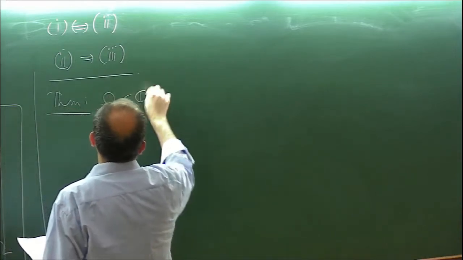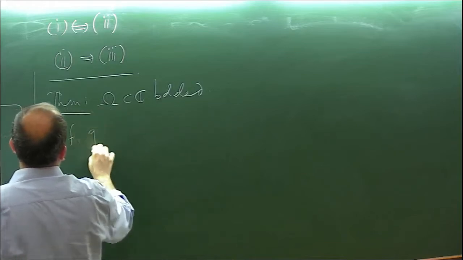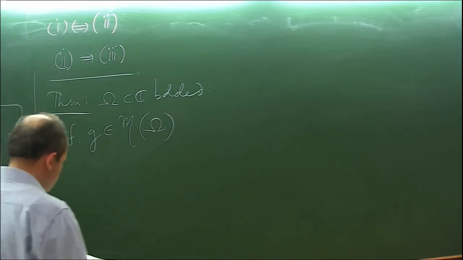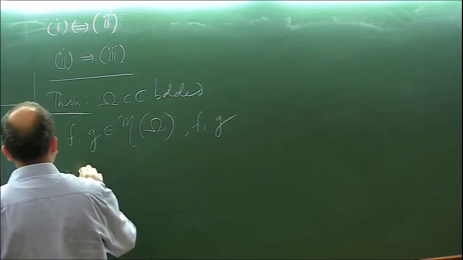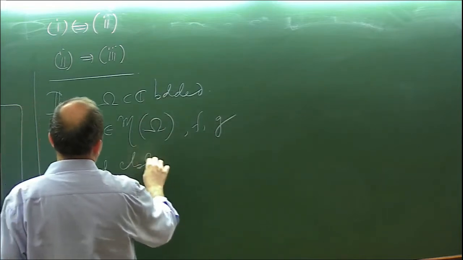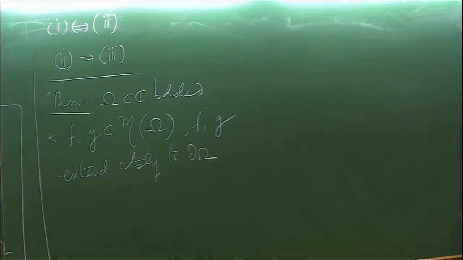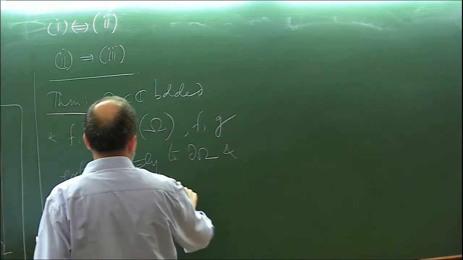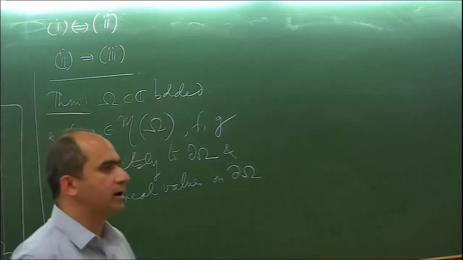Omega is bounded, and suppose f and g are meromorphic functions on omega, and f and g extend continuously to the boundary and take real values there. F and G are both real valued on the boundary.